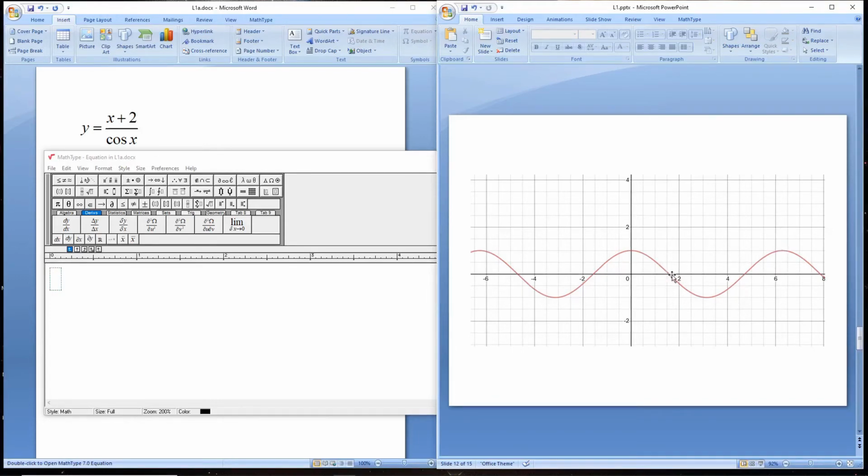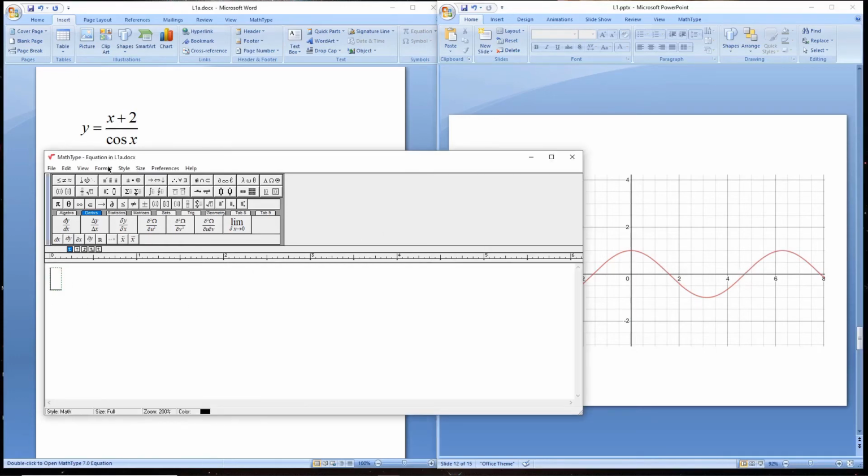And it's 0 at pi over 2, and 0 again at 3 pi over 2. So cosine is 0 at pi over 2, and then 3 pi over 2.